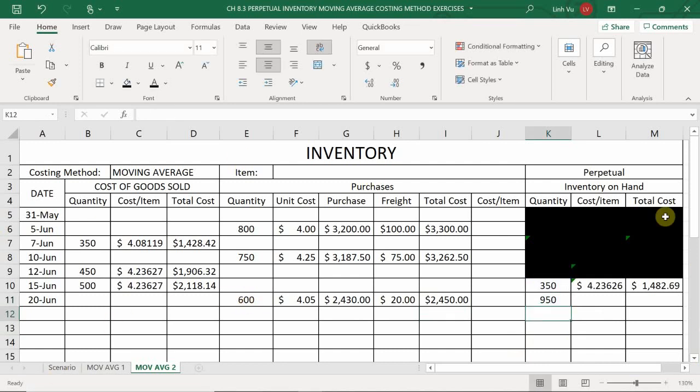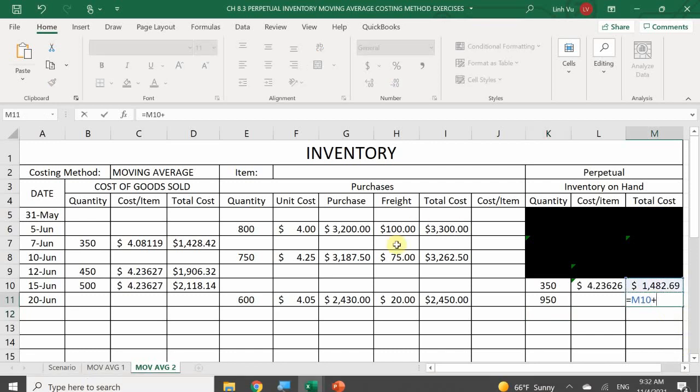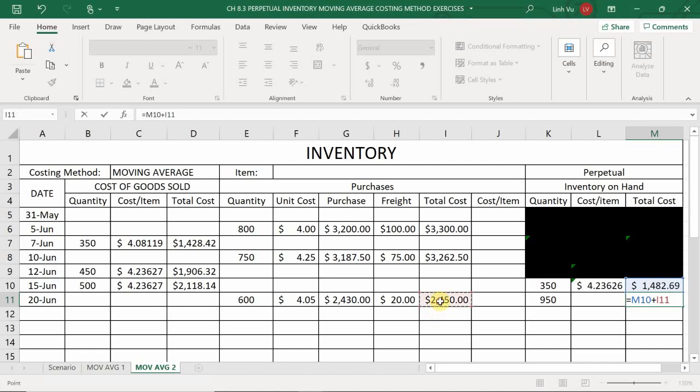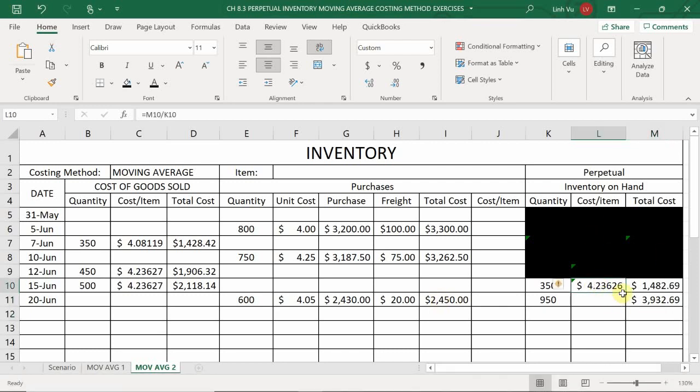Okay, what's my new total cost? $3,832.69. Good. Okay. So then that's going to bring my new average cost per item to drop because look at this. I went from 425 to 405. So again, that will drop your average cost per item.